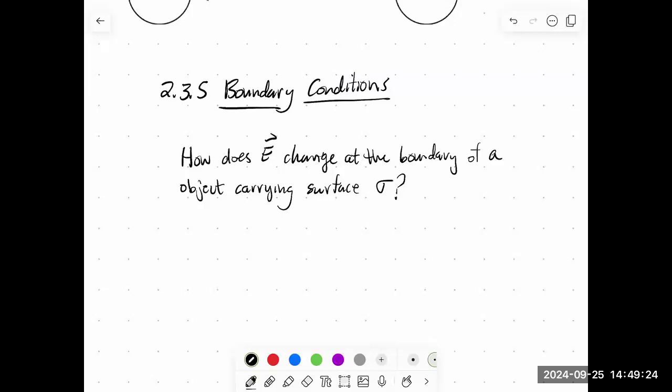What happens to the electric field as we go from outside the shell across the boundary to inside the shell? It doesn't have to be a spherical shell, it could be any surface of any shape with some surface charge density sigma. How does the electric field change from one side of that surface to the other?